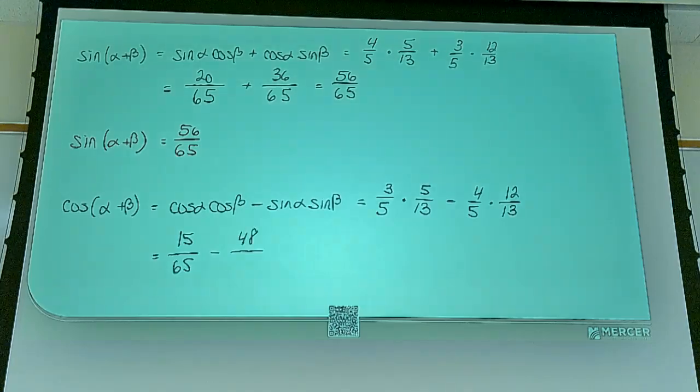And again, look, it's the exact same denominator. What is 15 minus 48? Negative 33. Oh, negative. And again, they have no common factors.